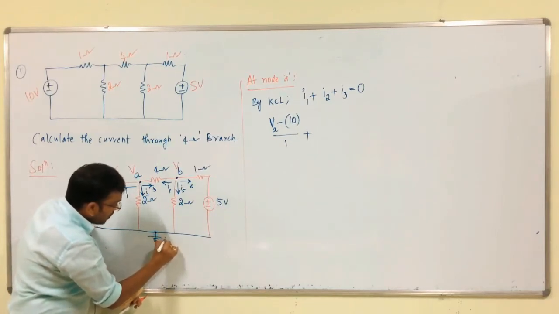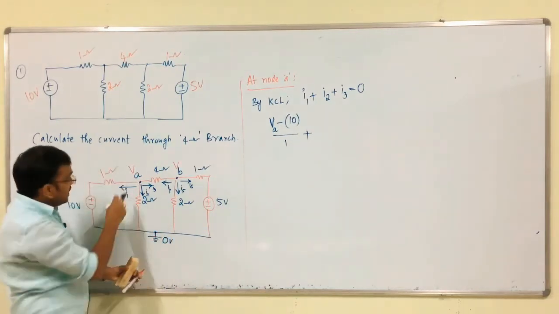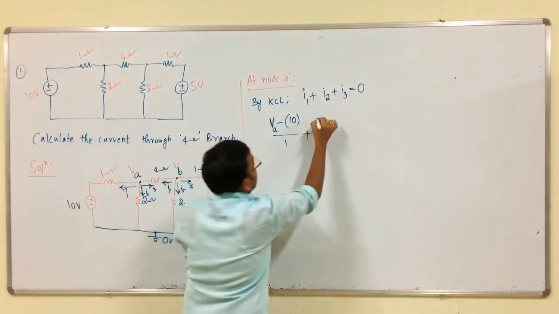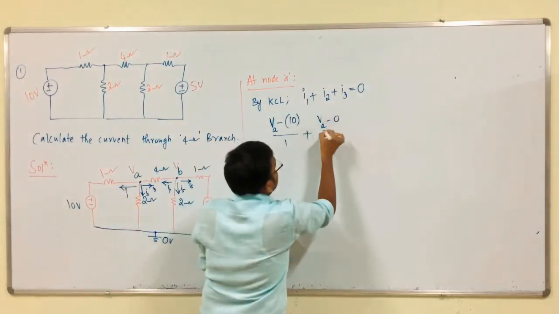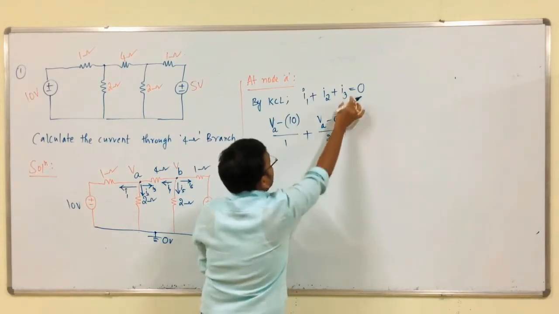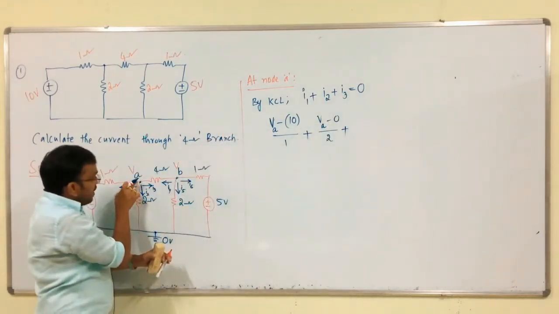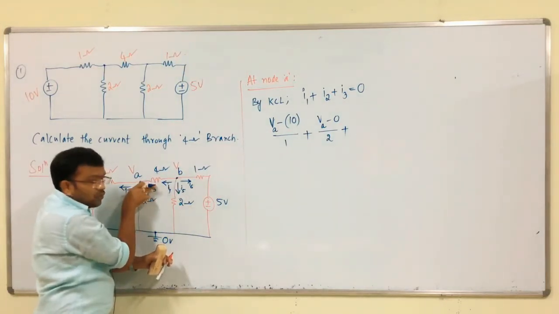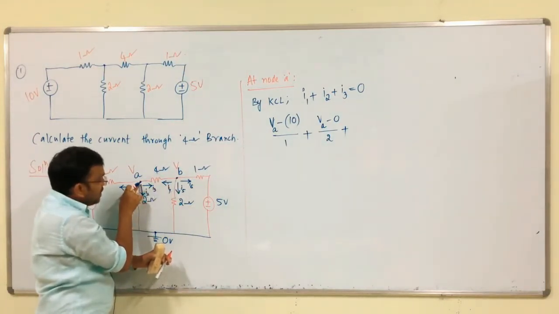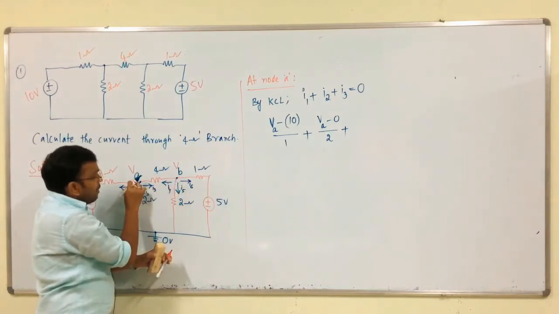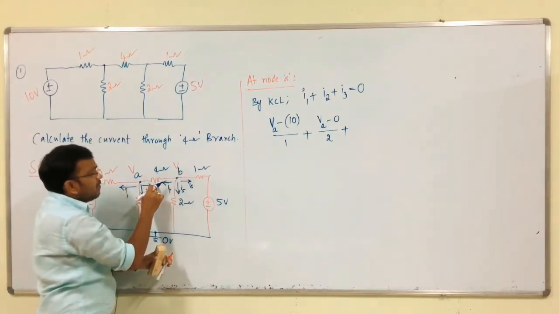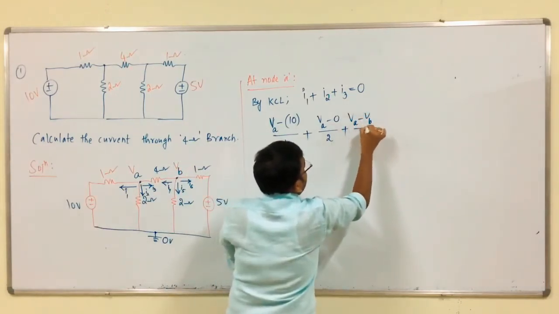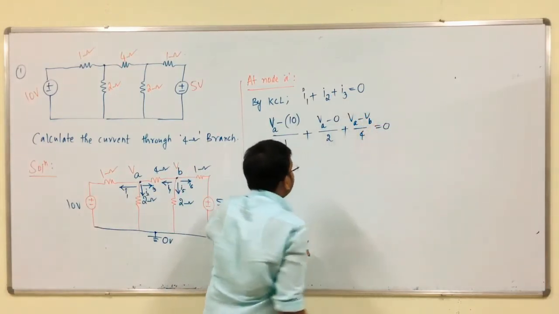It should be equal to 0 volts, no? That is (VA minus 0) by 2. Plus, coming to I3, the current through this 4 ohm branch from here to here, (VA minus VB) by 4, is equal to 0.